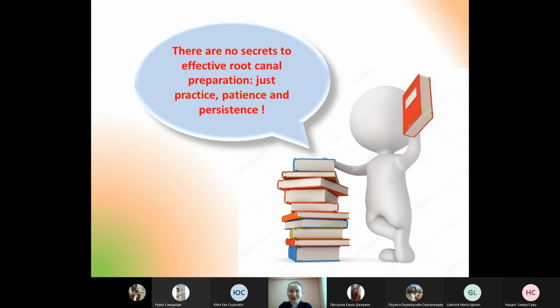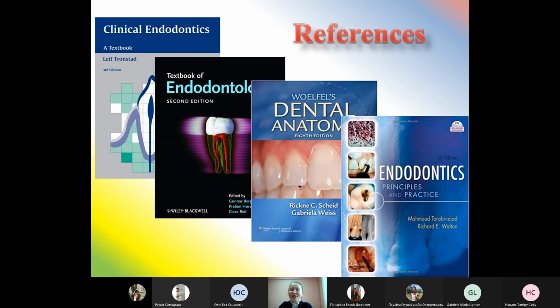So try to use this statement and such references that were used for this lecture. You can as well go deep into these books. Endodontics, Principles and Practice, Mahmoud Torabinejad.